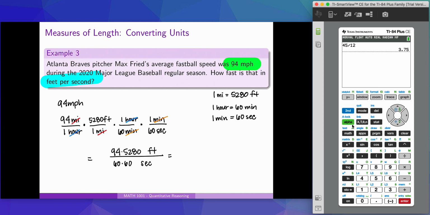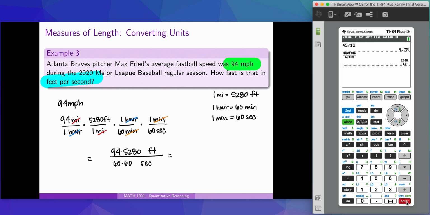Make sure you're careful when you plug this in so that you are multiplying things out correctly. I'm going to use my alpha y equals in that top one n/d to get a fraction. In the numerator, I have 94 times 5,280. And in my denominator, I have 60 times 60. And that ends up being 2,068 over 15.